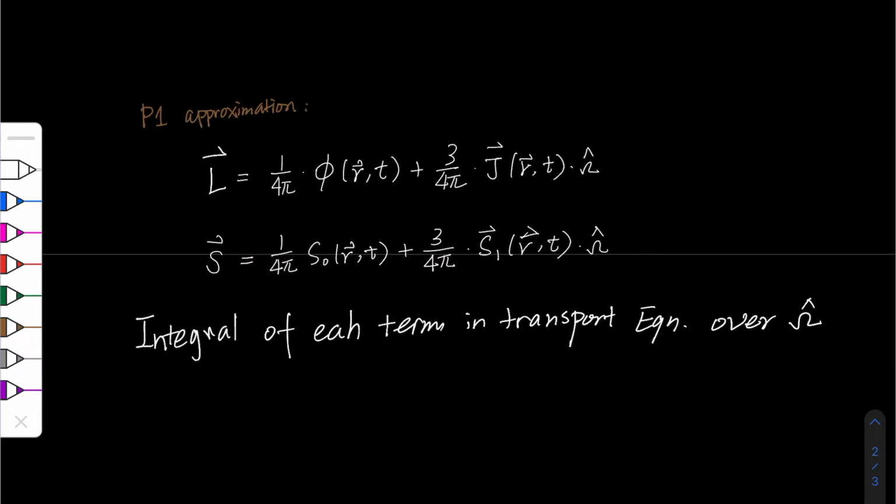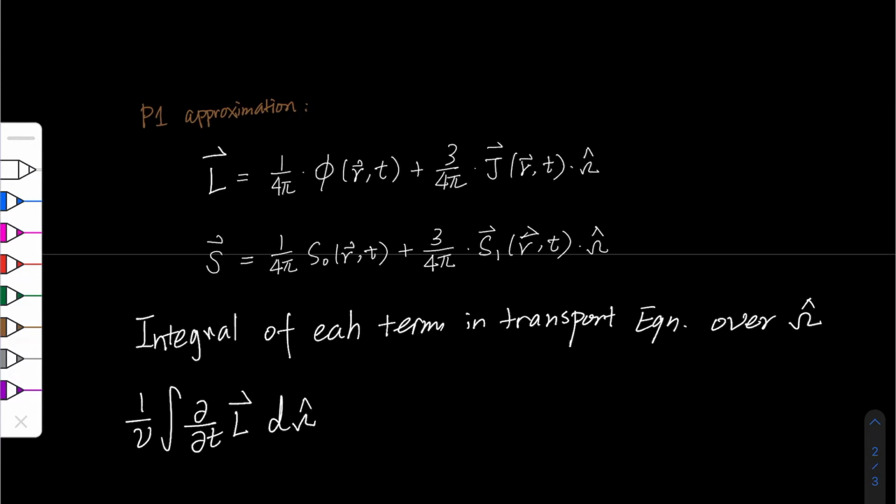So that will be 1 over v times the integral of the partial derivative with respect to t of L, and then we do the integral over omega hat.